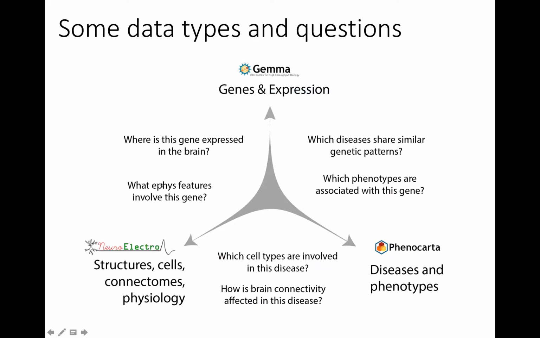We want to know things like what sort of electrophysiological features it might be involved in, either directly or indirectly. We want to know about cell types and their relationships to diseases and genetics, how genetics influences phenotypes as well. So this is just one slice of the kinds of questions that we're interested in addressing through the tools we develop and in our application areas.